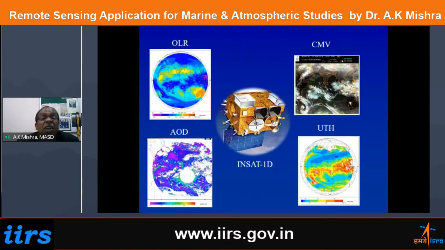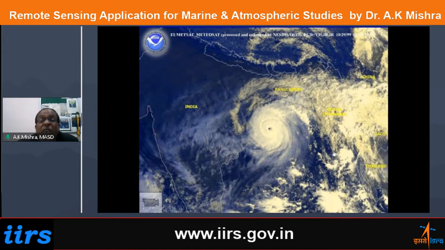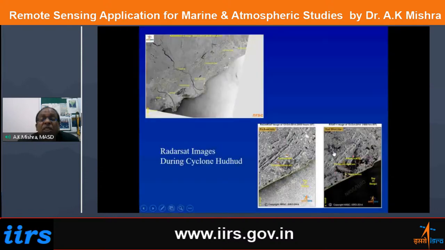And these are the INSAT derived parameters, outgoing long wave radiation and cloud motion vector, aerosol optical depth, etc. And these are some of the product outputs, that is relative humidity and rainfall and sea surface height, means surge height information, and this is how the geostationary satellites are being used to study the cyclonic events.